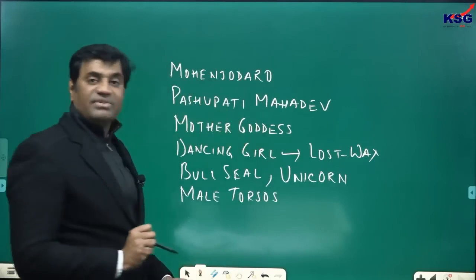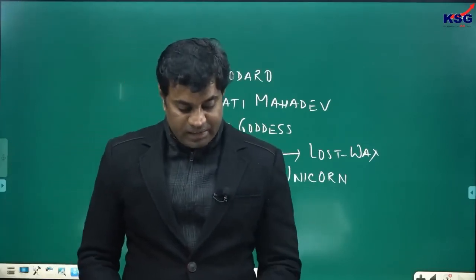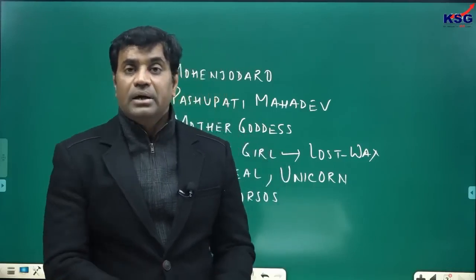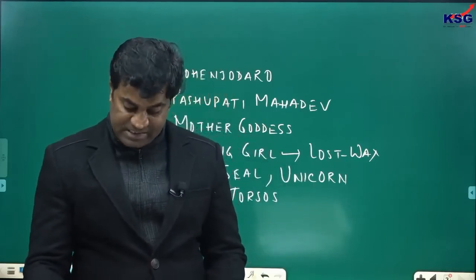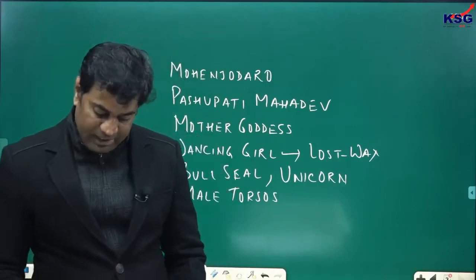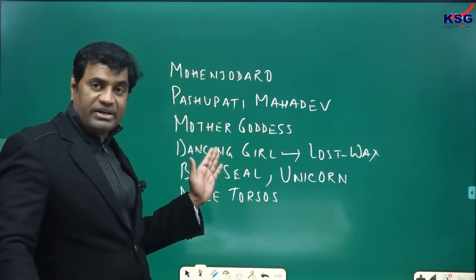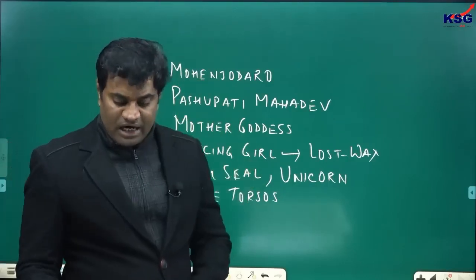In Indus Valley civilization, male torsos mean the upper part of the human body is shown, and that becomes a very important development because it indicates a huge physique at this time. These were big important developments which have been found. In Indus Valley civilization you should remember these artistic creations along with the large number of urban settlements.